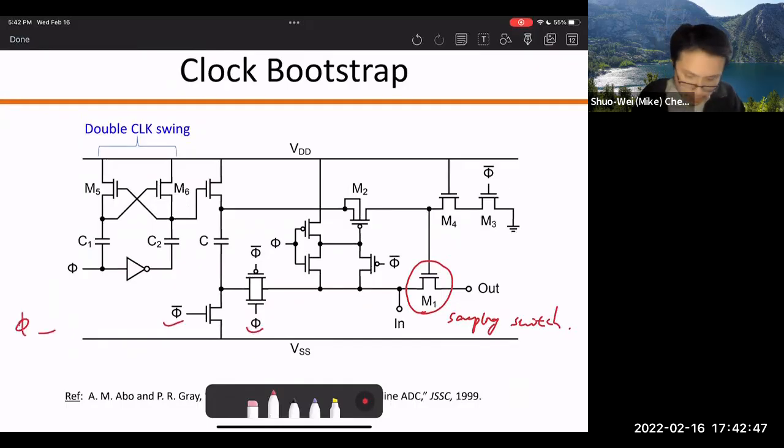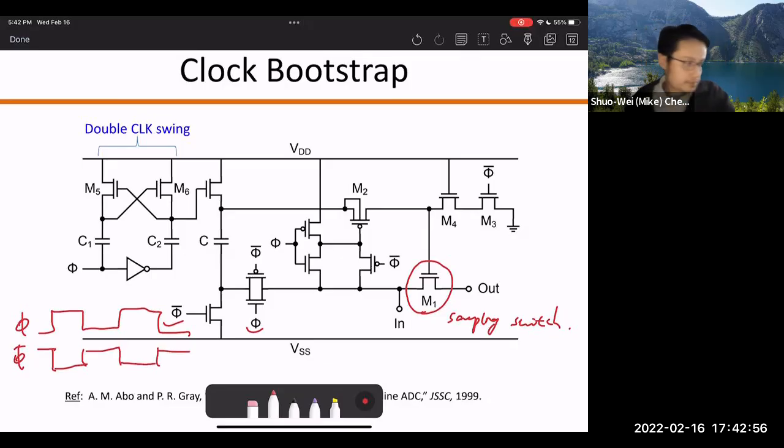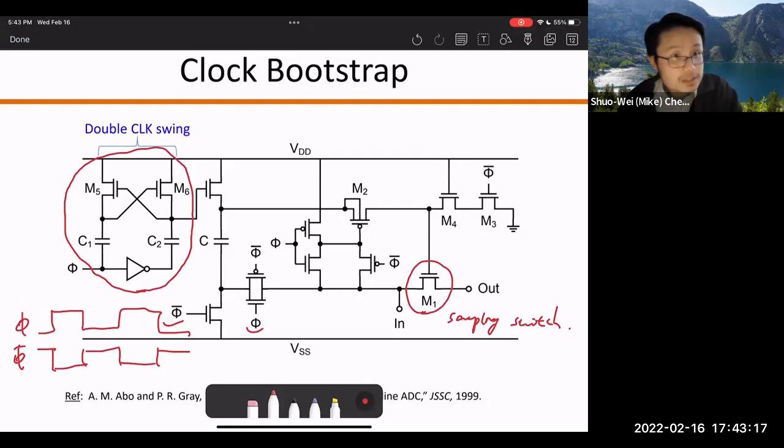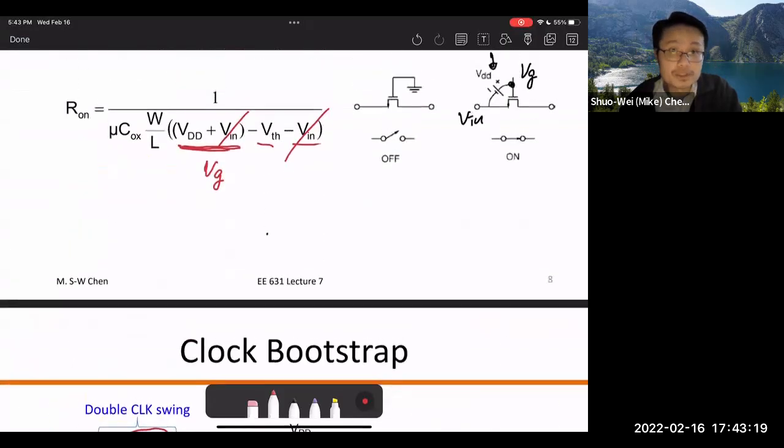Phi will be like this, and phi bar is basically the inverted phase, like that. One thing I want to draw your attention to is this left-hand side. What is this? This circuit, M5, M6, is a two-MOS cross couple, and you have two capacitors, C1, C2, and an inverter in between. So what does that remind you of?